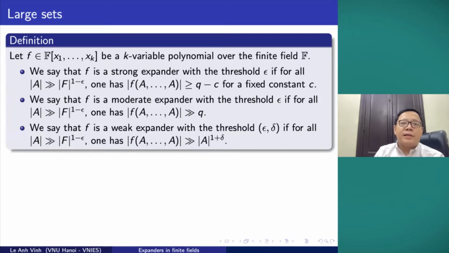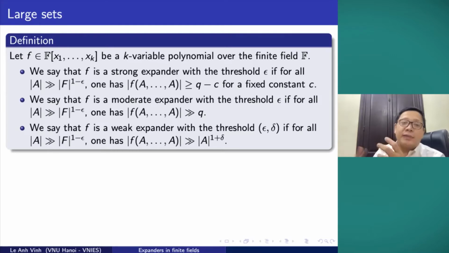And we call the function f a weak expander if you can find a threshold such that when you apply that function, the size becomes bigger than the original set. And the interesting point here is we need to classify which expander is strong, which is moderate, and which is weak.